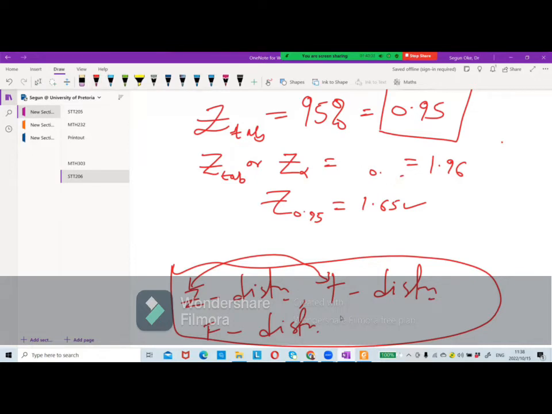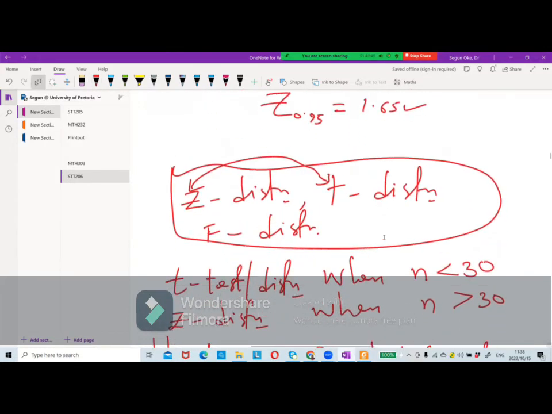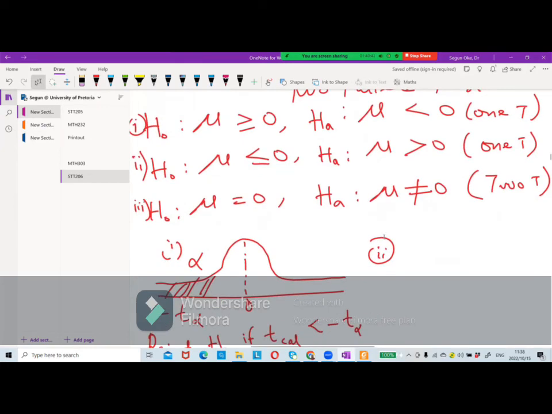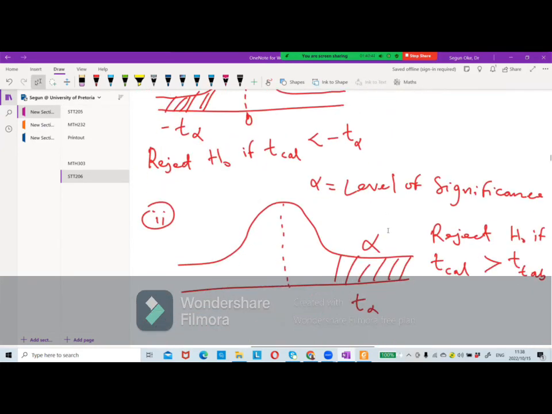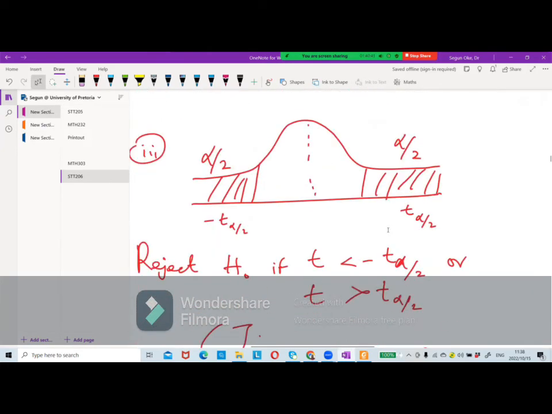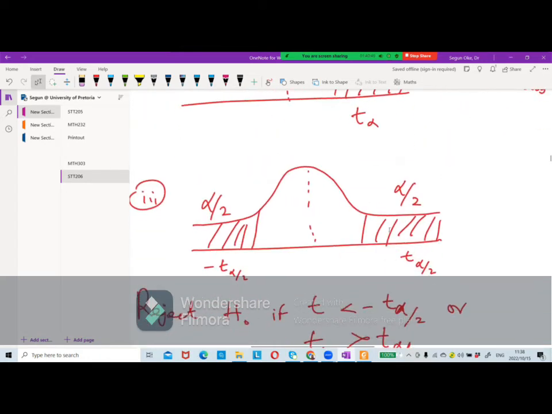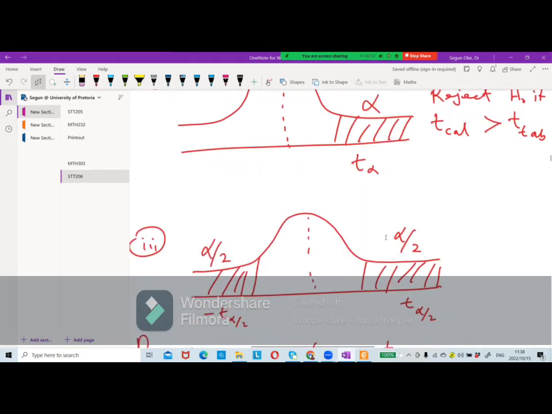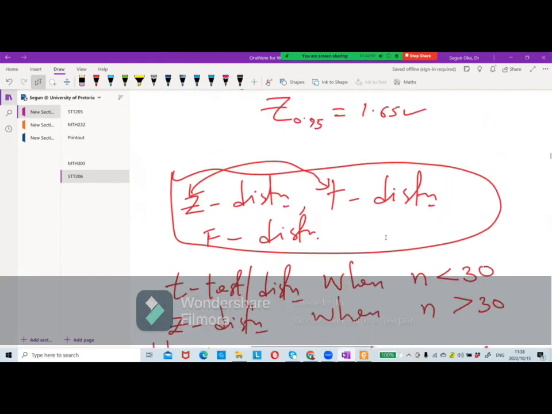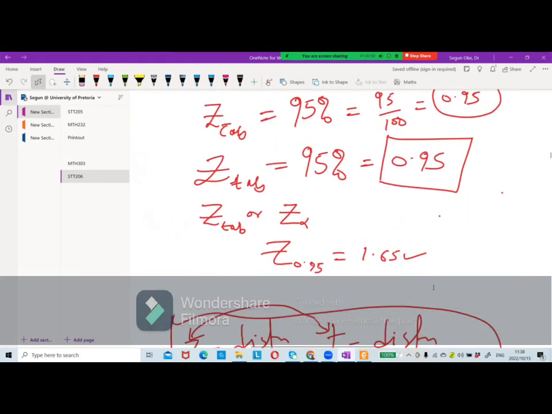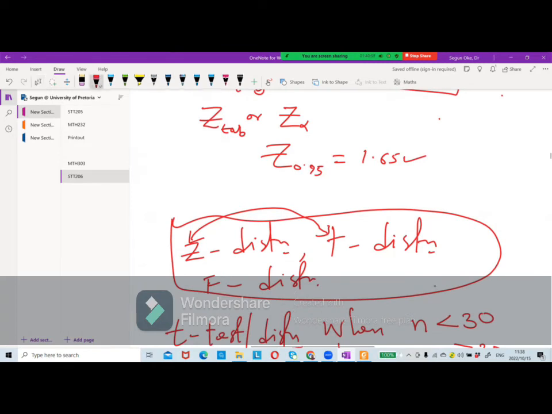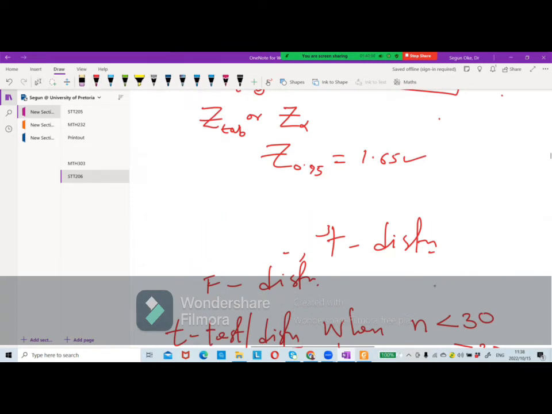Now let's move on. I gave us something from day one when we started. Look at it. At what point do we reject the H0? At what point? Now, for this particular value we have now, let's draw the bell shape to give us the idea of what we are doing.